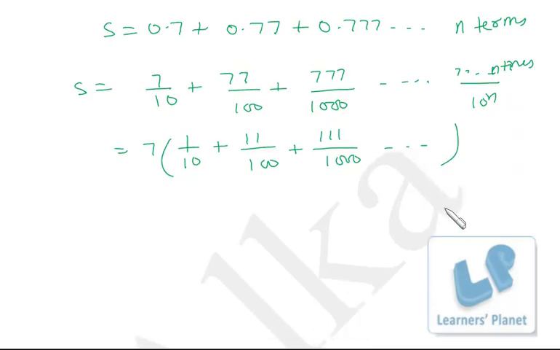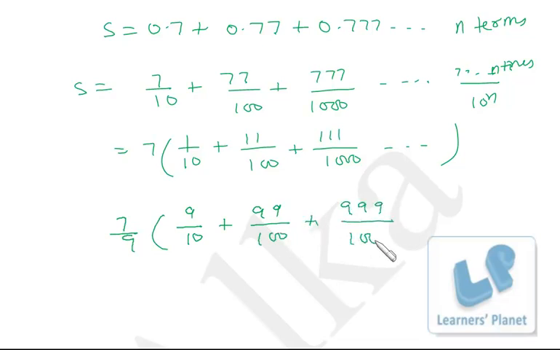Okay, again I'll be doing the same thing. I multiply and divide the expression by 9. So 7 by 9, it is 9 by 10 plus 99 by 100 plus 999 by 1000 and so on.